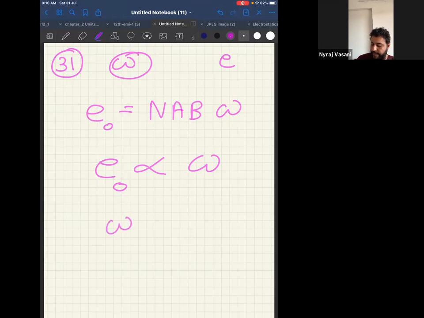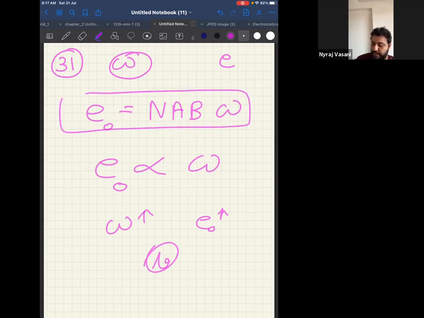Therefore, if omega is doubled, even my EMF will be doubled. Therefore, my answer will be B. I hope everyone remembers this formula: E naught is equal to NAB omega.